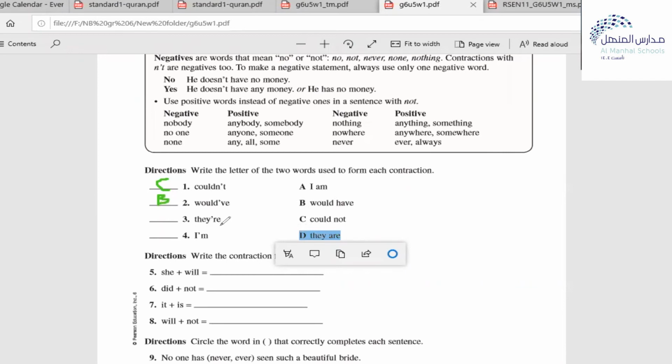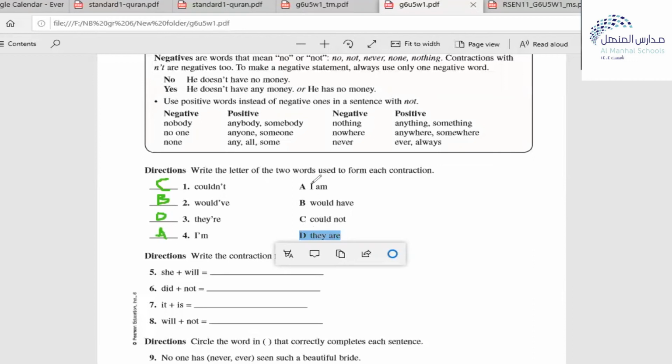Now they're. The correct answer is they are, so you write D. Good. And I'm. The correct answer is I am, so it's A. Good.